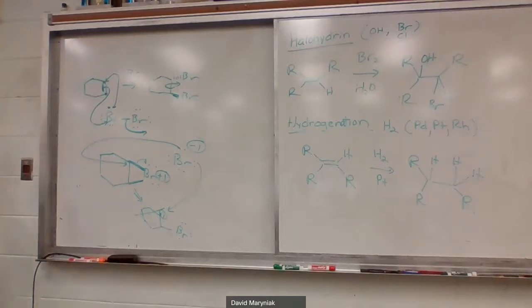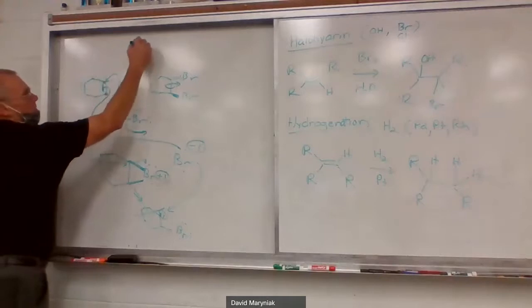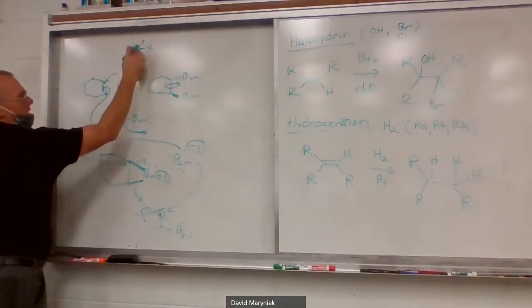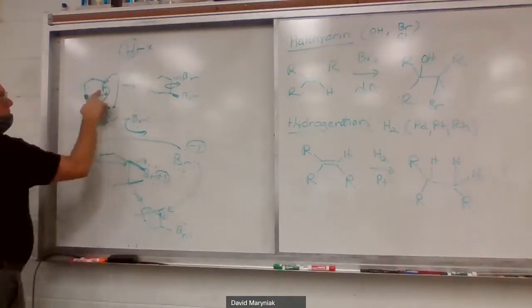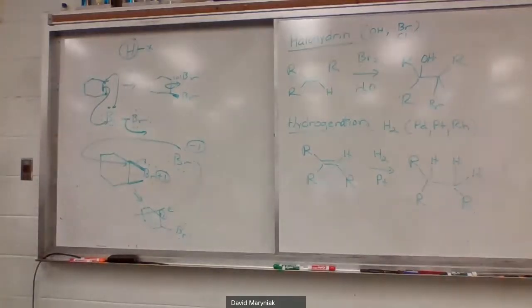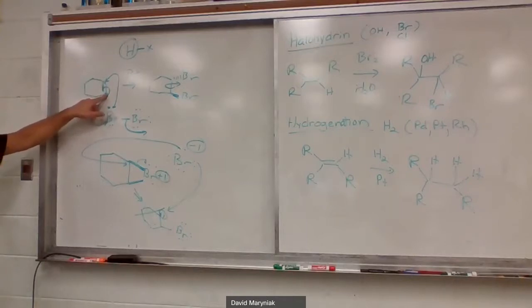Because Markovnikov's rule is only in play when you're adding some reagent that has an H to an ene, and only if the ene has two carbons with different numbers of H's starting out. So is there any regiochemical consideration because of Markovnikov? No. Is there a stereochemical consideration? Yes.